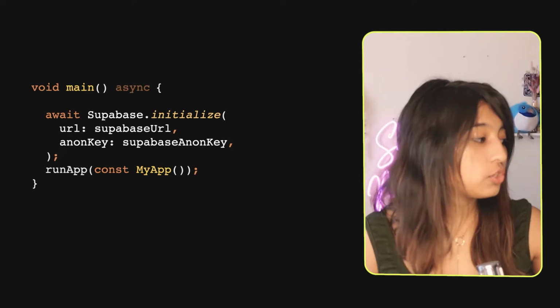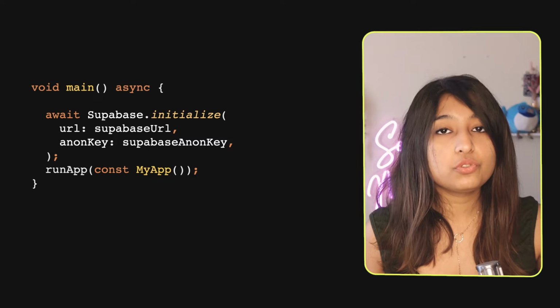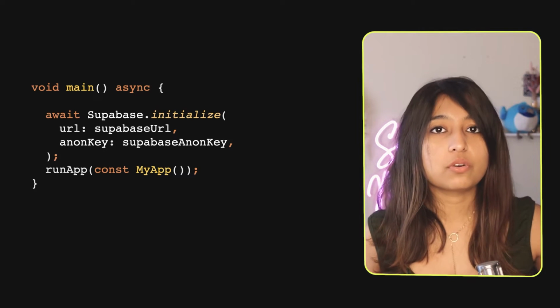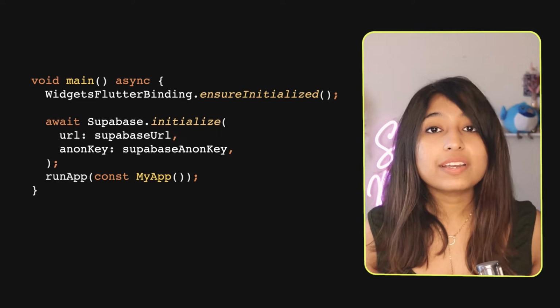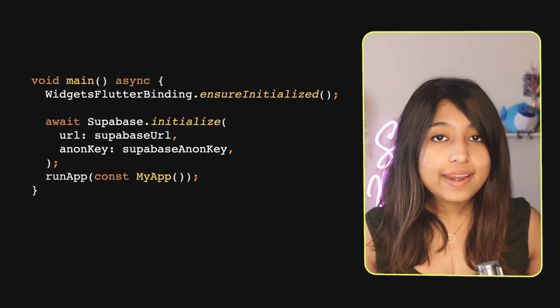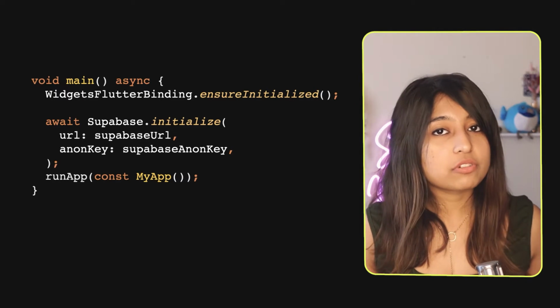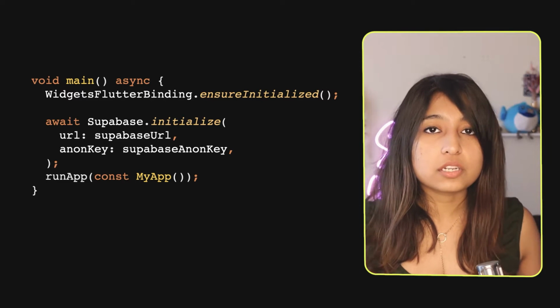And of course, you are going to add the async keyword to your method because this is going to wait on a function, and that means this void main has to be an async function as well. And also call the WidgetsFlutterBinding.ensureInitialized method, because you are adding a native plugin to your Flutter application and it will be required in your void main.